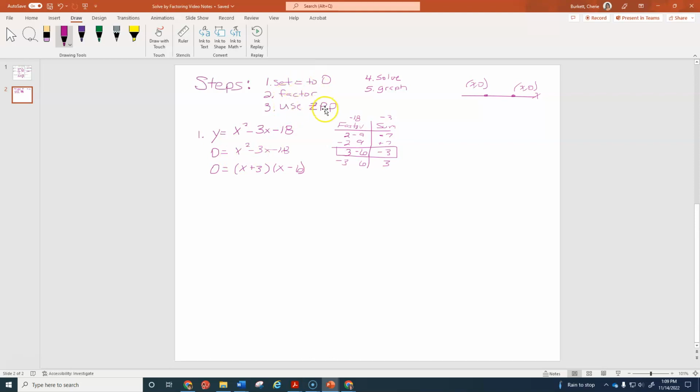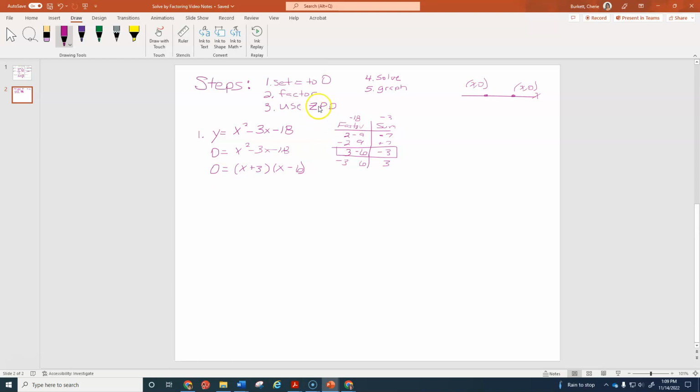Step 2, I'm now going to use the zero product property. The zero product property says when you multiply two things together, like we're doing right here, we're multiplying x plus 3 times x minus 6, and the answer is 0. What must be true about one of those numbers? If you multiply two things together and you get 0 for an answer, you should know that one of the numbers has to be a 0.